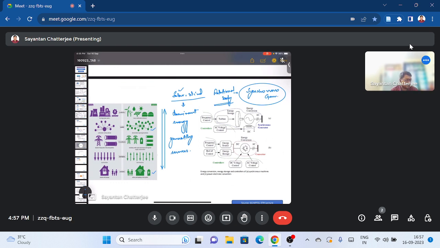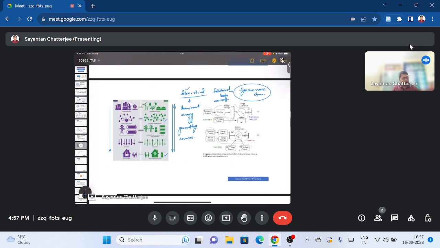So on the basis of that, during this transition phase, the system needs some inertial support. That inertial support was present if we had a 100% synchronous generator driven system.